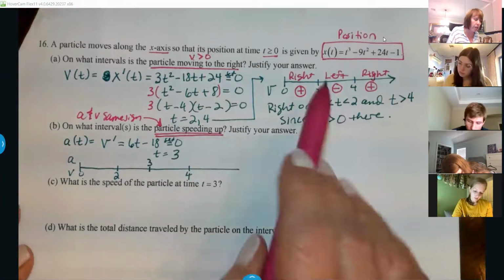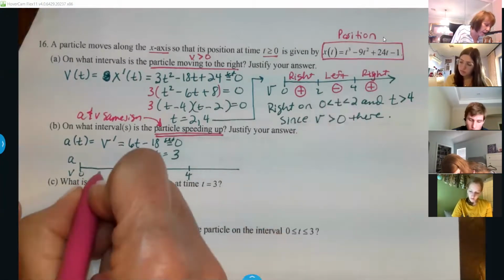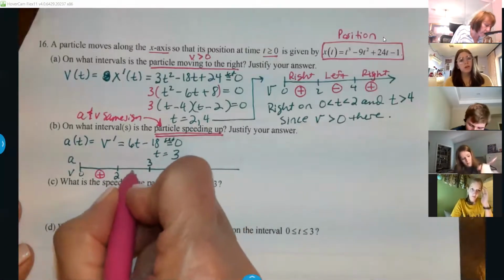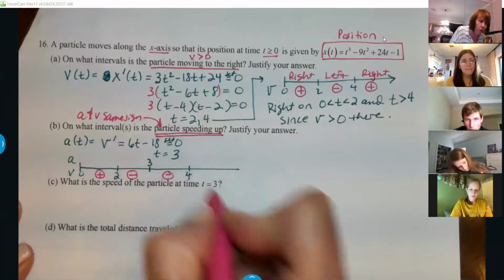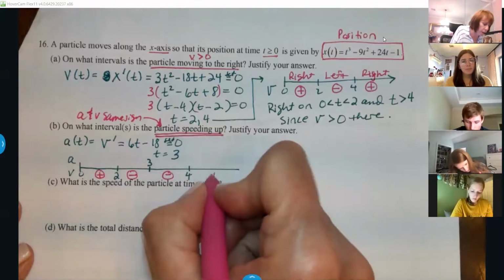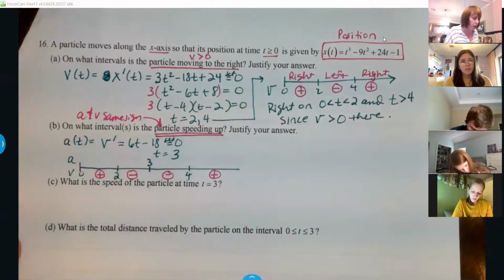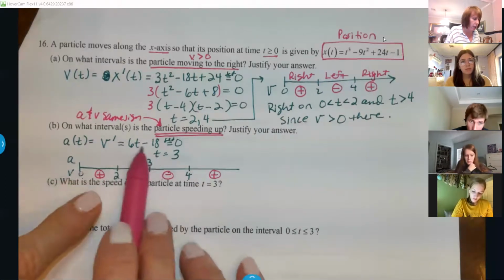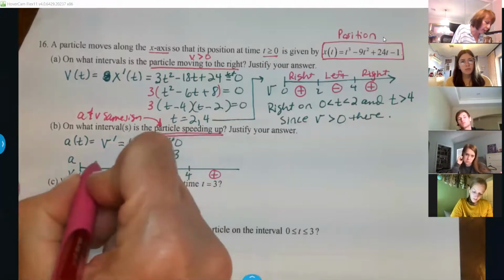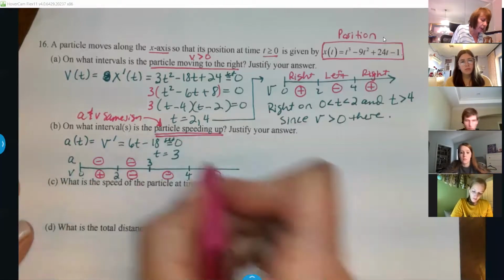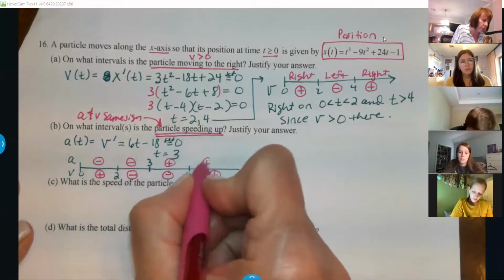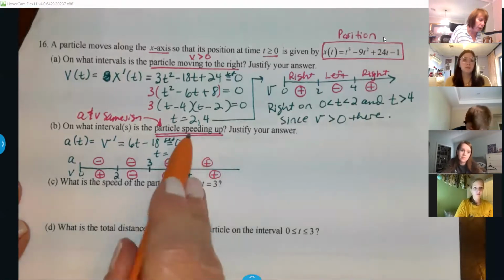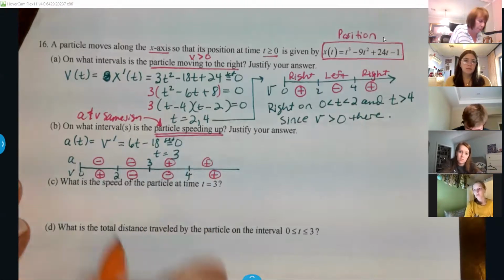Okay, we already found the sign chart for velocity, so I'm just going to copy that down. So positive 0 to 2, negative 2 to 3, and 3 to 4, and then positive after 4. For acceleration, if I put a number here in, like a 1, I'm going to get a negative. So negative, negative, and then it's going to change signs, positive, positive. And now I want the two signs to be the same.